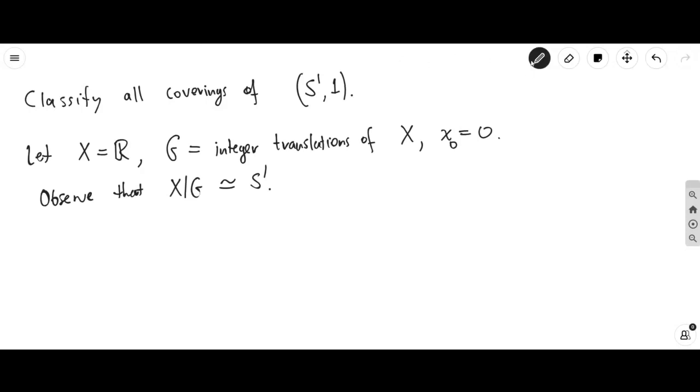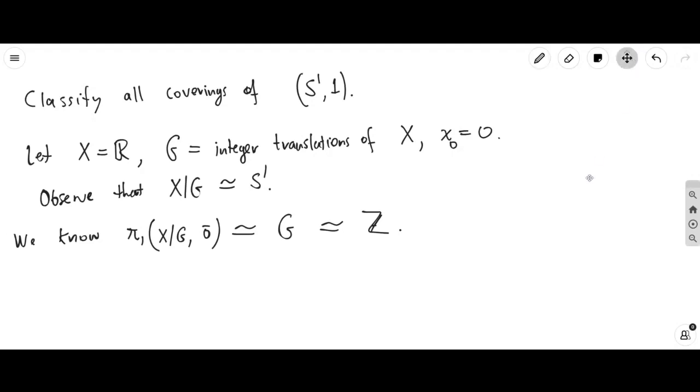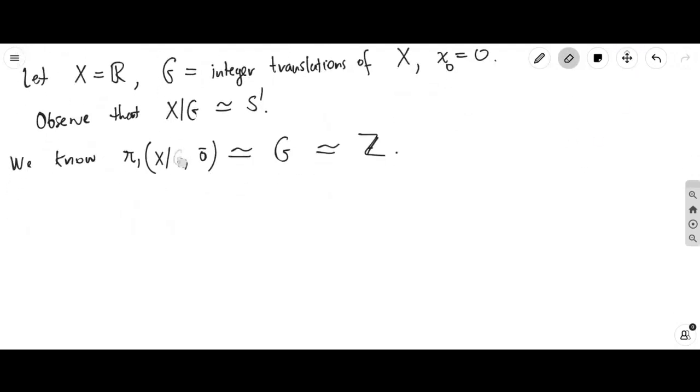Now we know that the fundamental group of the quotient at that base point is isomorphic to the group of translations. And the group of translations is, of course, isomorphic to the integers. So the subgroups of the integers will give you the coverings.